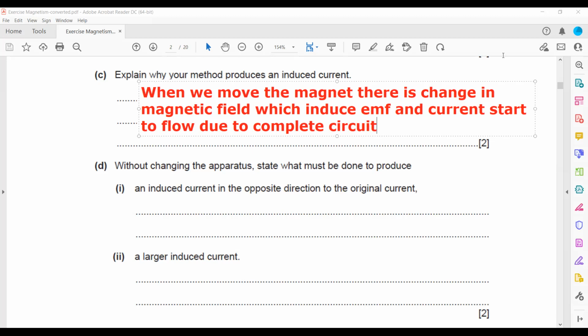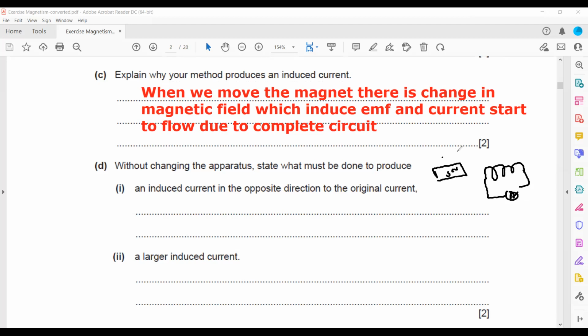So because the circuit is complete, it's not an open circuit. A solenoid is there, an ammeter is there. We move the magnet either towards or away. So when we move the magnet towards or away, there is a change in magnetic field and the current starts to flow in the circuit.